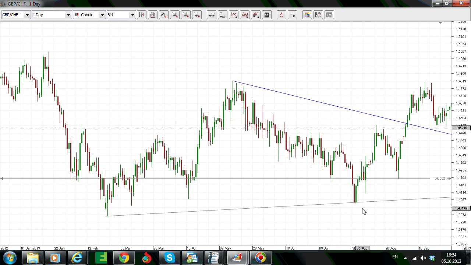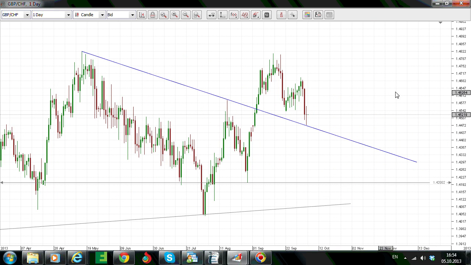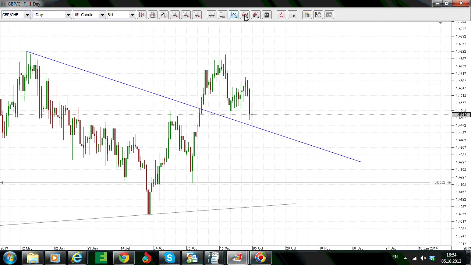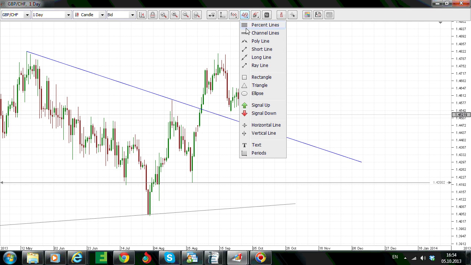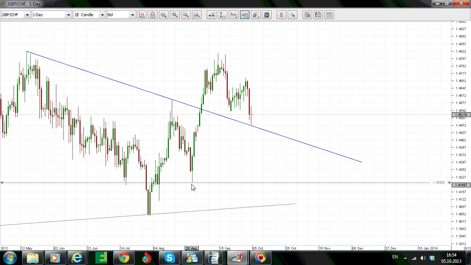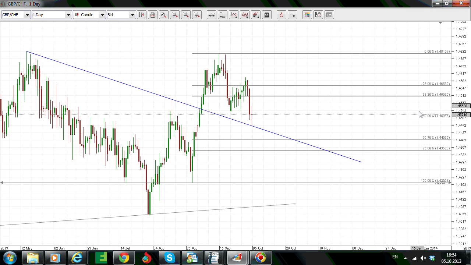We said that the triangle is done here, and in order to have an educated guess about what kind of retracement level we have there, we should take a Fibonacci retracement from the lows here to the highs here, and we are in the 50 and 61.8 retracement area.